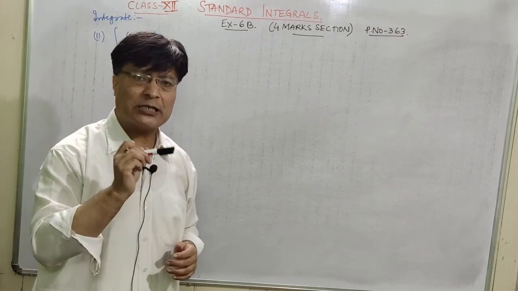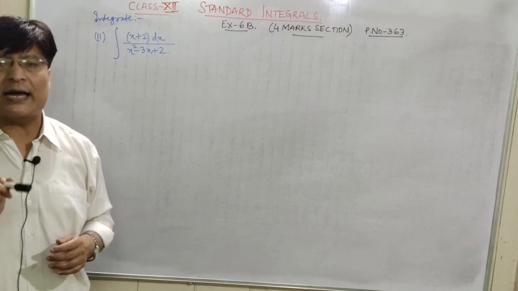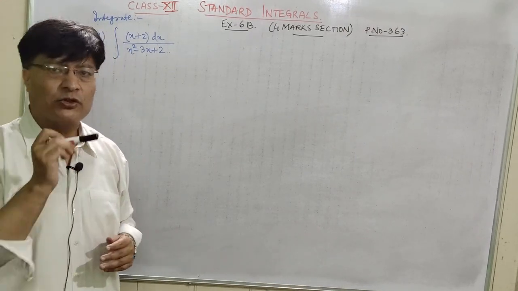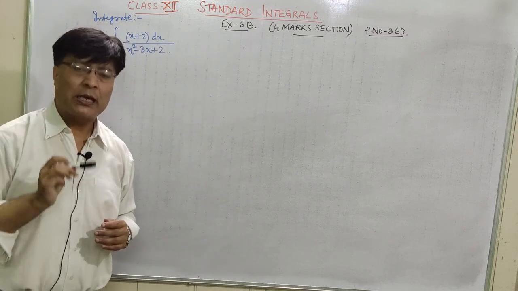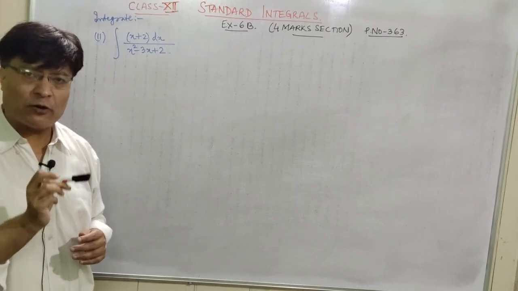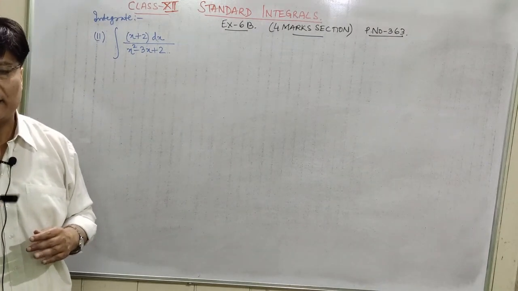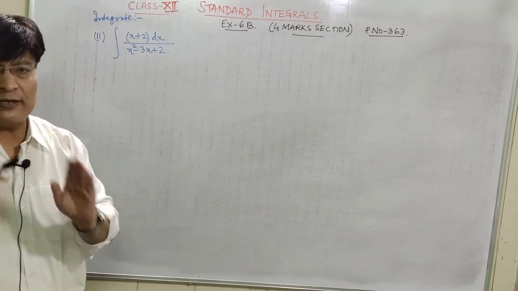But if the highest power of x in the numerator is equal or greater than the highest power of x in the denominator, then you have to divide the numerator by the denominator first. Okay? But if the highest power of x in the numerator is less than the highest power of x in the denominator, then you can factorize the denominator and you can convert into partial fraction.